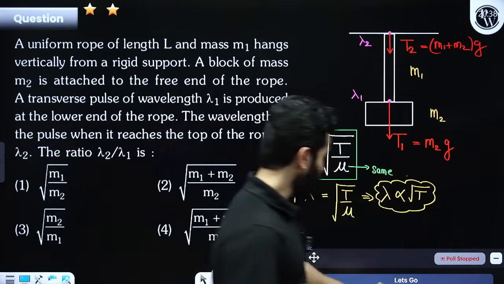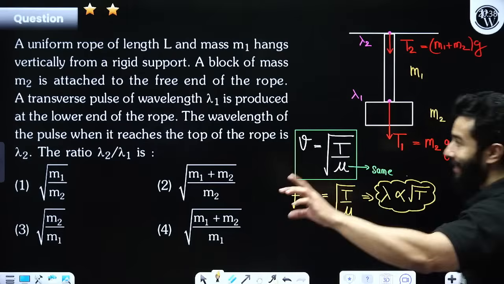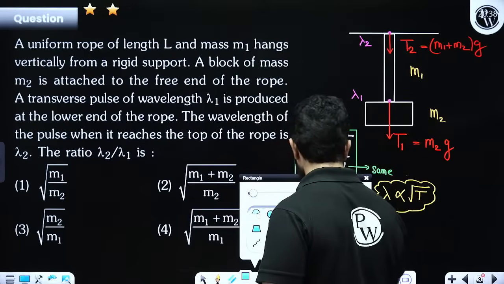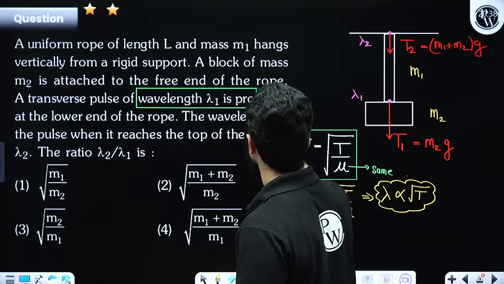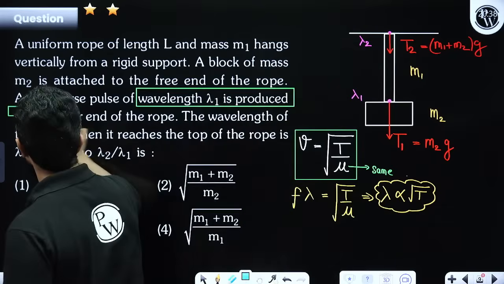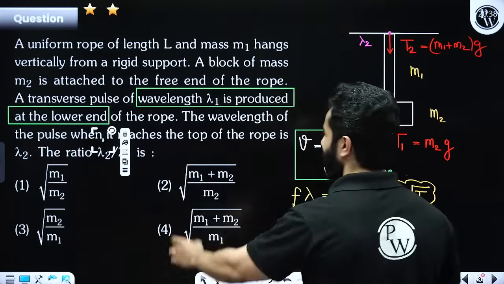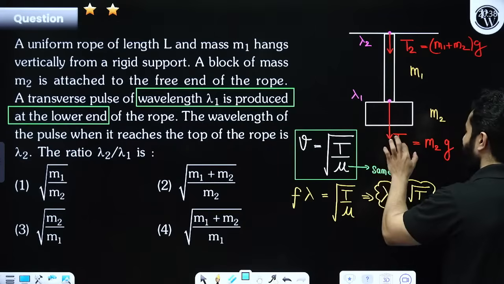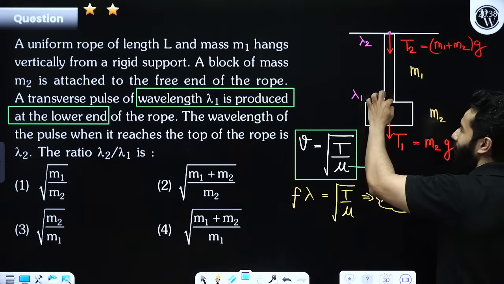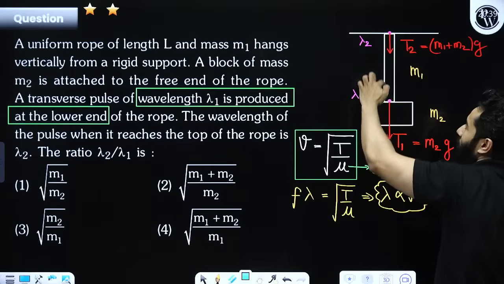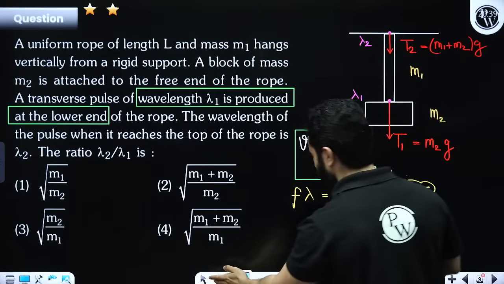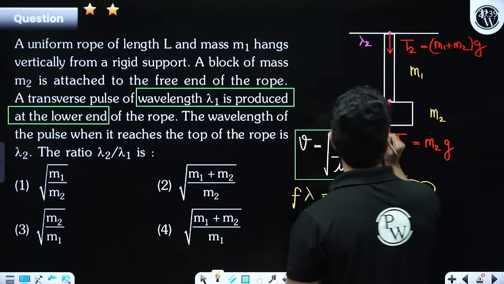They are saying a transverse pulse of lambda 1 is produced at the lower end, so that's why I am assuming T1 to be at the lower end. This point will only bear the weight of M2, and this point will bear the weight of the rope as well as M2. Clear?